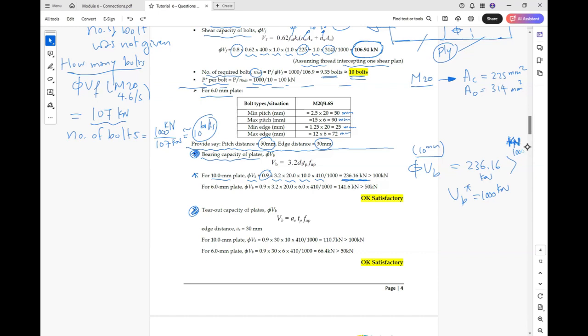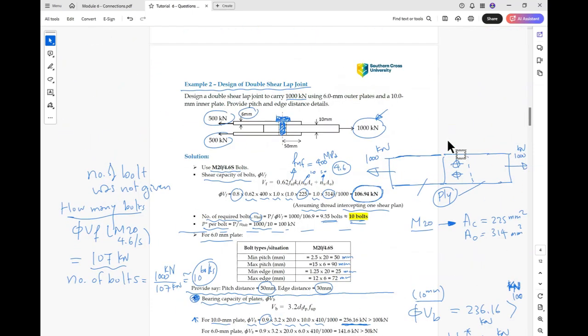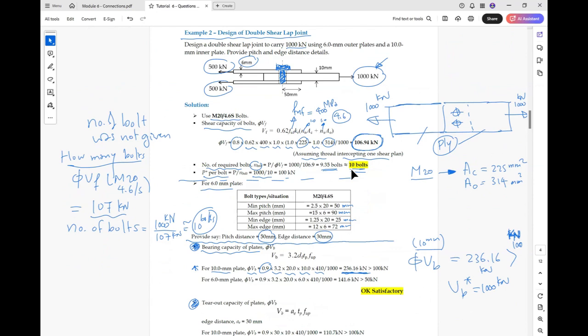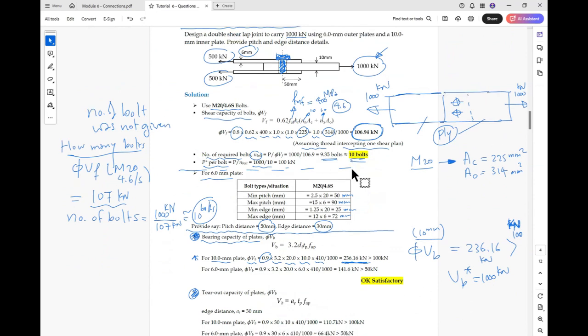So one side here, is it 1,000? There is a typo here, I think. Okay, just a second, guys.